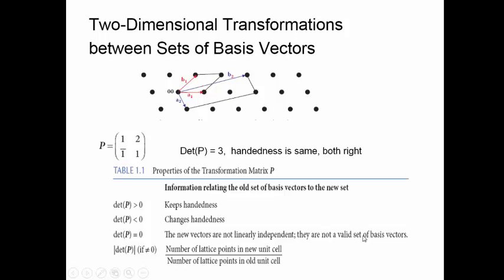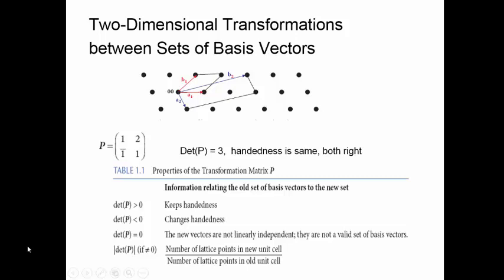set of basis vectors. So if you're asked to prove that this transformation is linearly independent or is not linearly independent, you take the determinant, and if it's equal to 0, it's not linearly independent, and if it's not equal to 0, then you are sure that it's linearly independent.